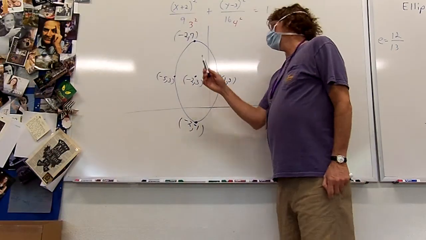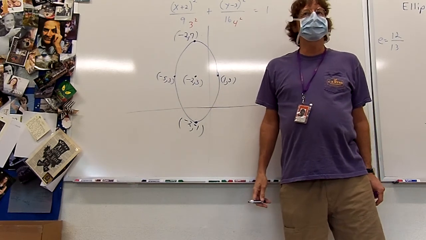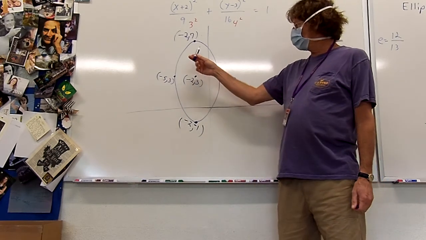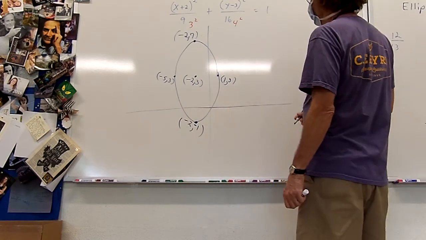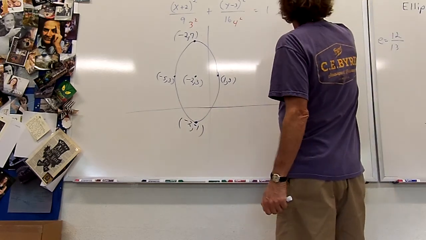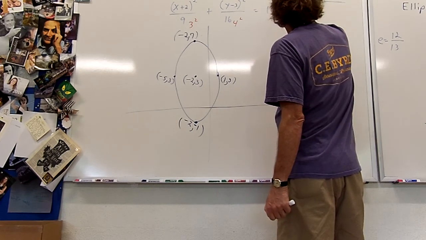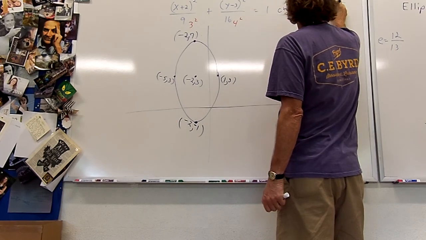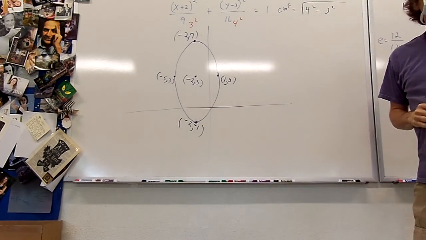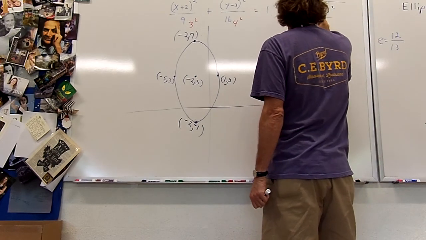Are the foci going to be up here and down here, or left and right? Where are the foci going to be? Yeah, they're going to be up and down. I go over here and I find the foci distance. c squared equals 4 squared minus what? 3 squared. And I get the square root of 7.